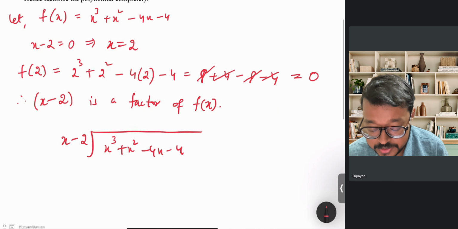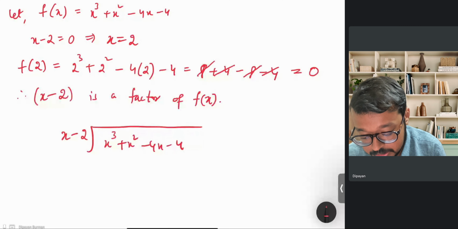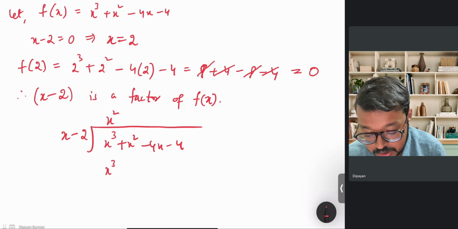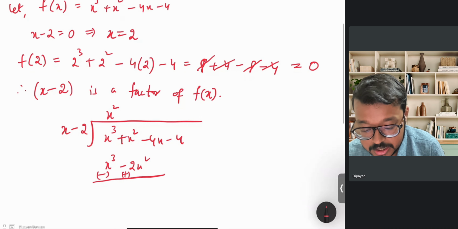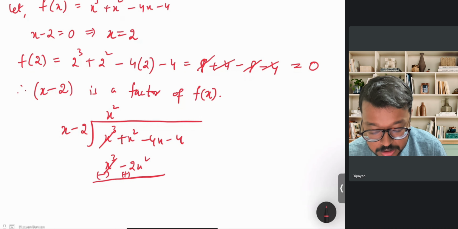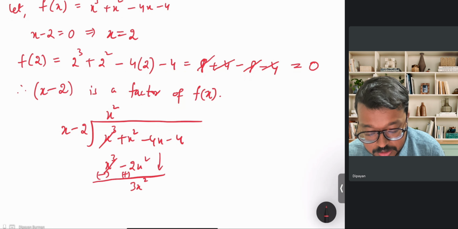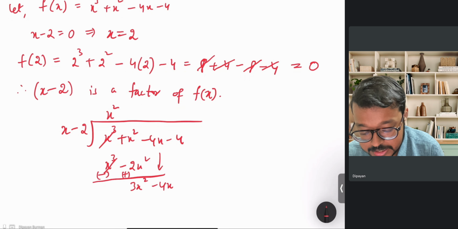So first term in the quotient will be x square, and I'll get x cube minus 2x square. This is minus, this is plus. When I'm subtracting, x cube is cancelled. 2x square plus x square is 3x square. Move this down, minus 4x. So the second term is plus 3x.